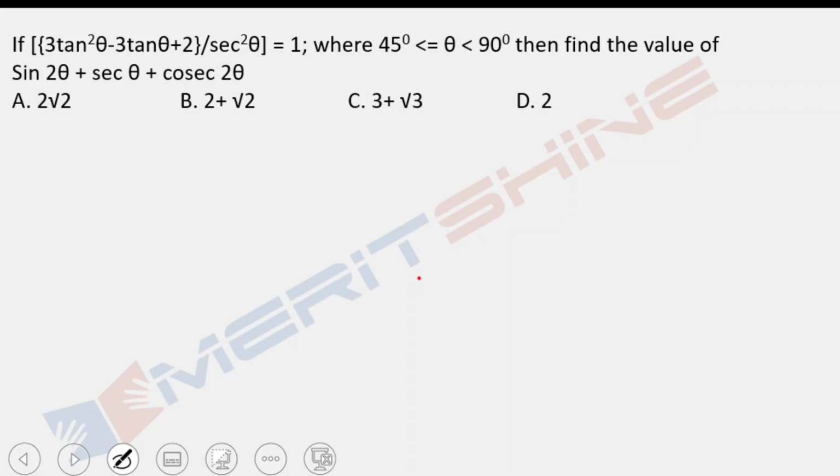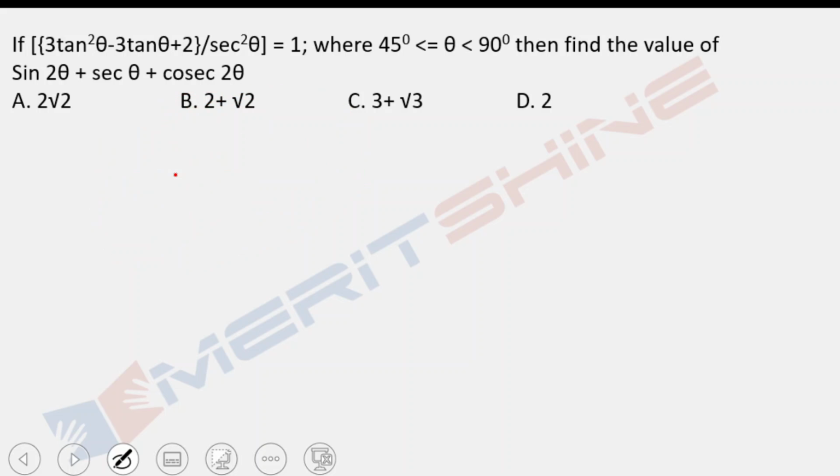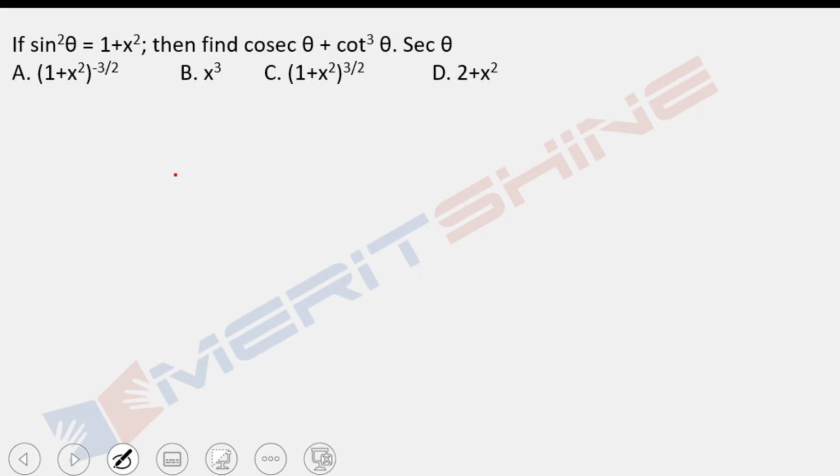And if you remember the sin and cos, tan, cot, sec, and cosec all would follow because you can find them out. Sec is the reciprocal of cos, cosec reciprocal of sin, tan and cot come from sin and cos only. Okay, so you'll have to remember just the sin and cos values. Okay, chalo, the next question.